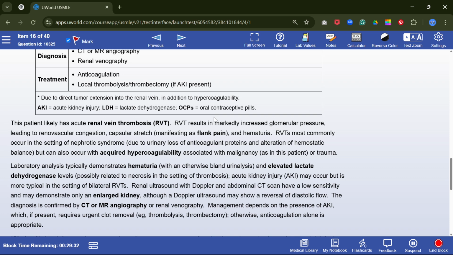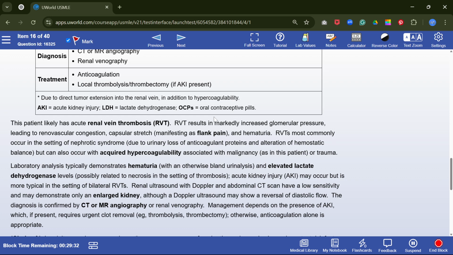trauma. Lab analysis typically demonstrates hematuria with an otherwise bland urinalysis and elevated lactate dehydrogenase level, possibly related to necrosis in the setting of thrombosis. AKI may occur but is more typical in the setting of bilateral RVT.